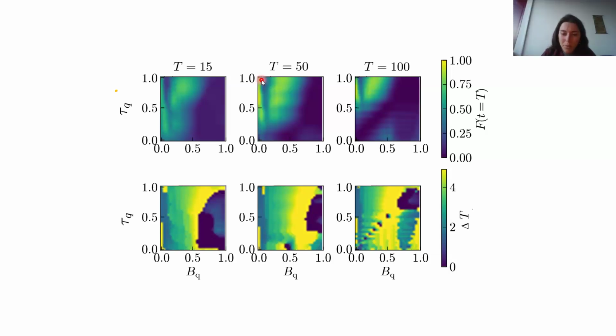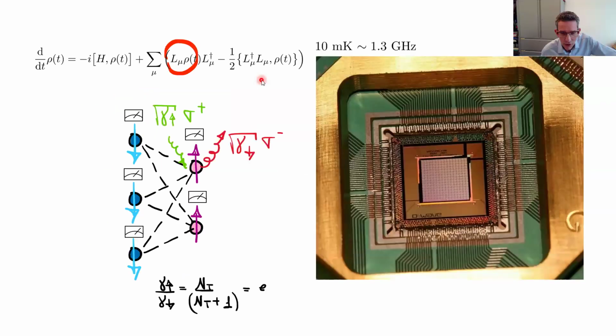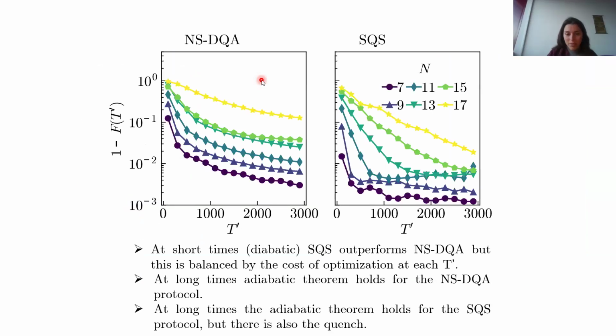Can you repeat the question? Did you look at the time dependence during an anneal? You plotted earlier the overlap between the instantaneous ground state and the final ground state, and did you do that in the case of open system dynamics? Yes, we did it. I didn't plot them here.